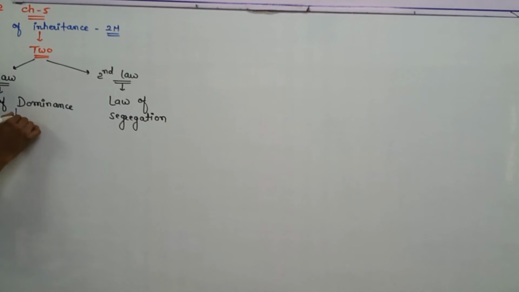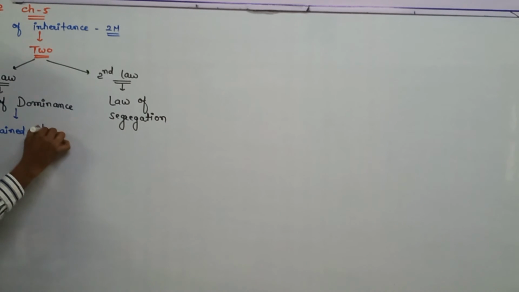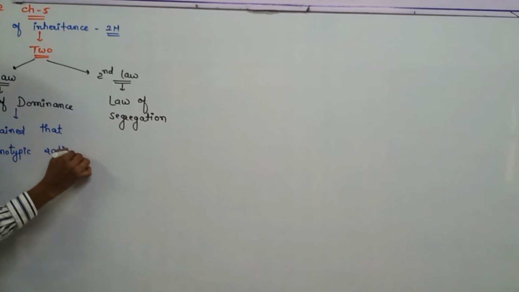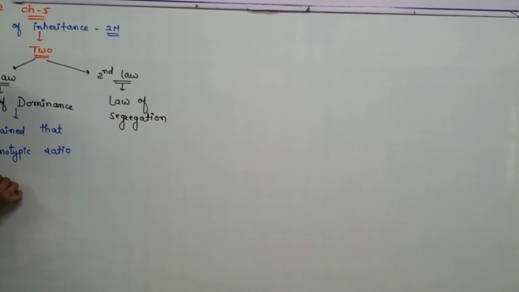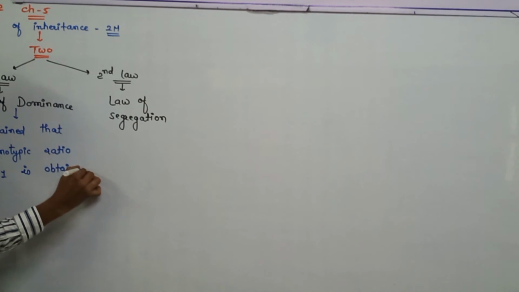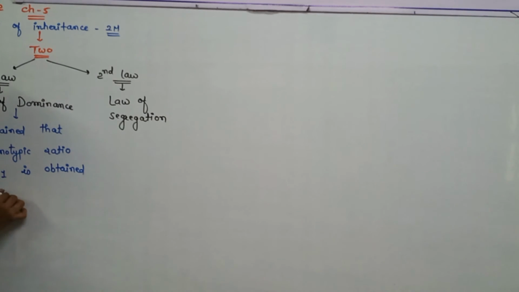So law of dominance explains that phenotypic ratio 3:1 is obtained in F2 generation.